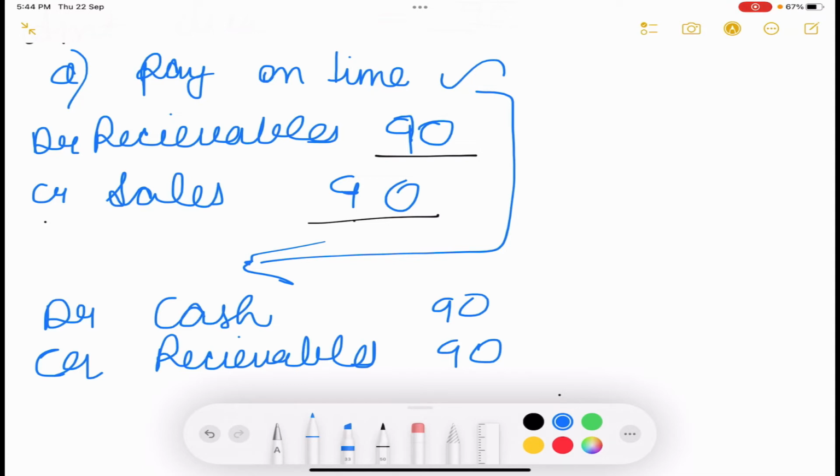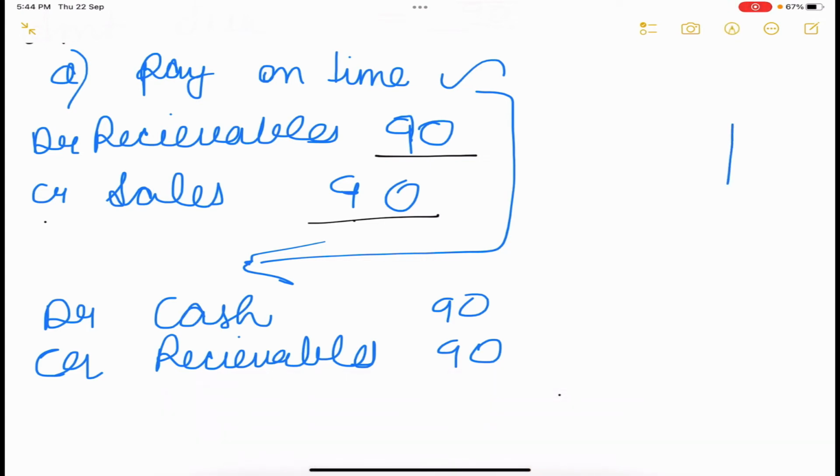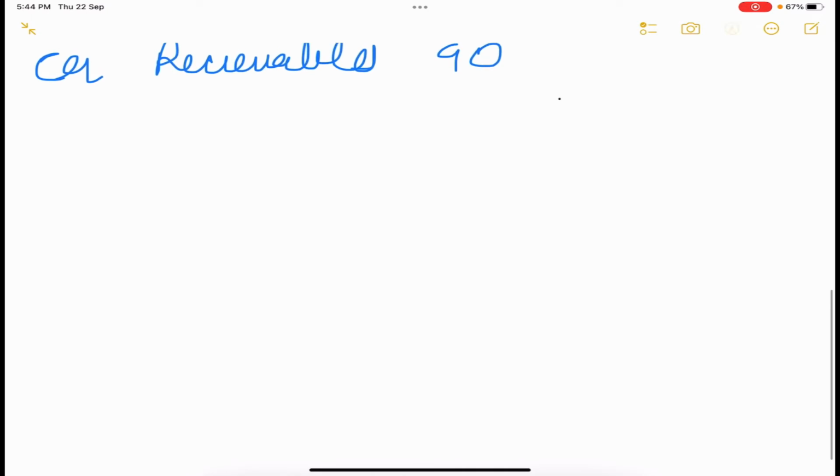We will not be opening a new account. Why? Because we had expected them to pay. That is why from before we had expected them to do so. So our first initial entry was only on 90, right? Now this was the first situation wherein the person will be paying on time.